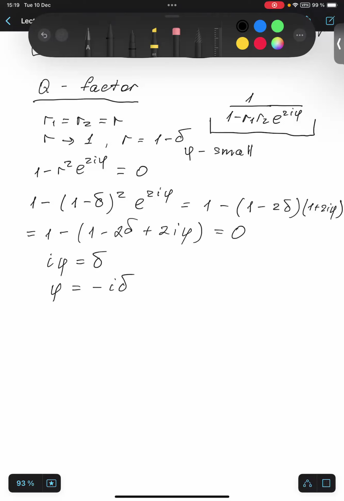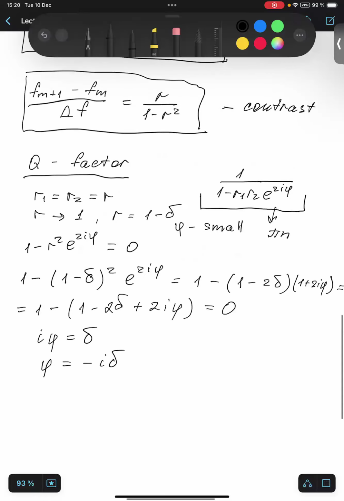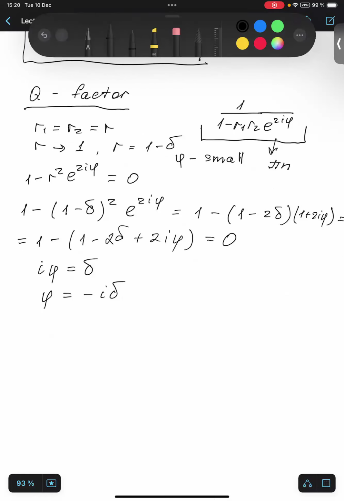So we now obtained the imaginary part of our pole, but we also know that this equation, this denominator, has a lot of poles. This exponent gives us a lot of poles. Obviously, it is close to pi n, where n is just an integer, not to be confused with m.